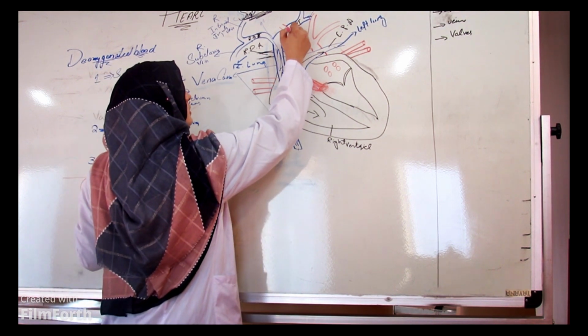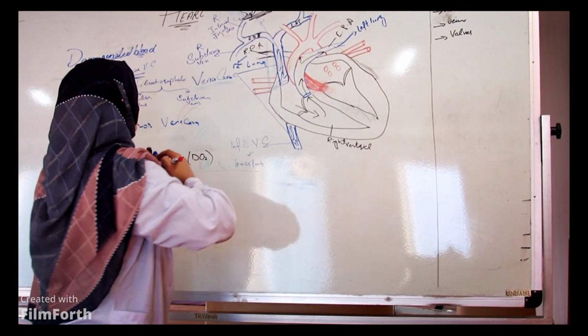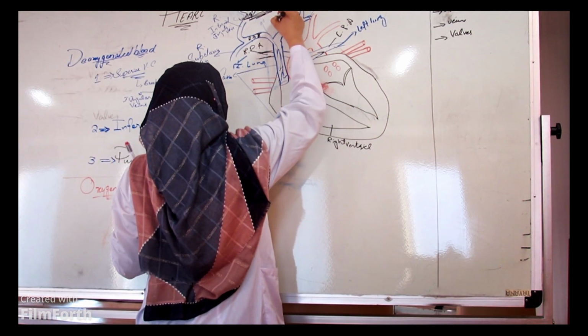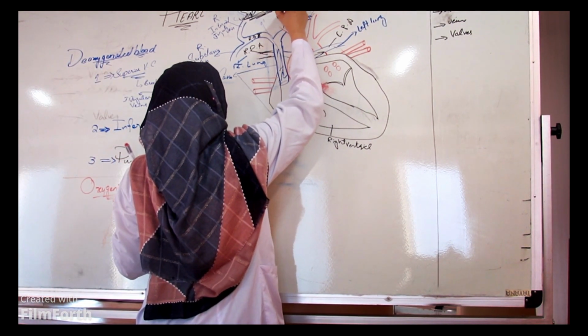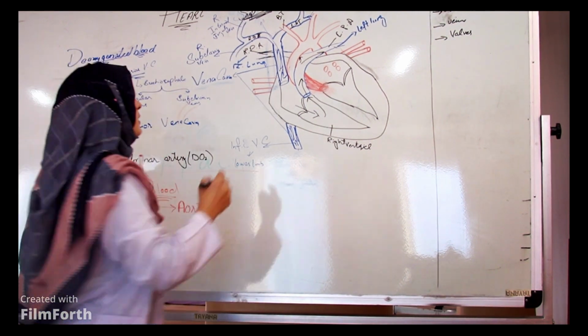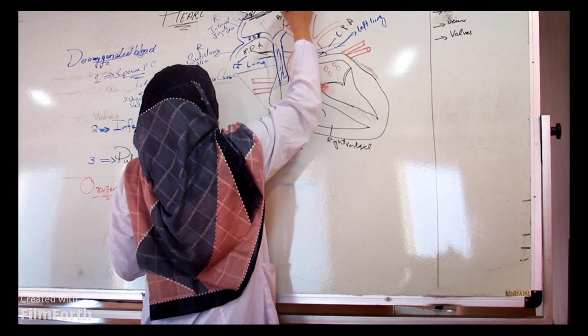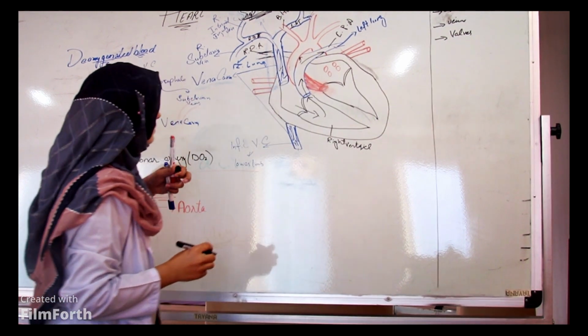Here, first we have the brachiocephalic trunk, or brachiocephalic artery. It is better to call it the brachiocephalic artery to differentiate it from the brachiocephalic vein.